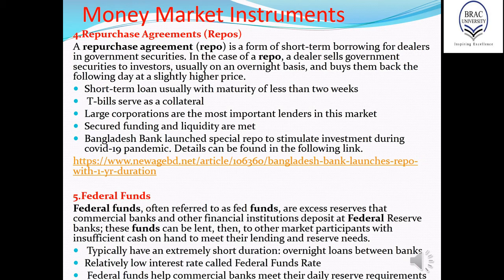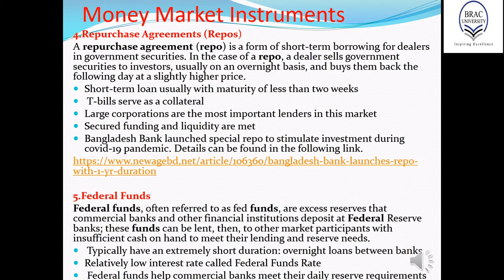And if SCB is falling short of the required reserves, as I said, by the central bank, in that case, SCB can borrow required reserves from BRAC Bank at a certain rate of interest. And this interbank lending and borrowing is known as the federal funding system. And the interest rate that is charged in this interbank loan is known as the federal fund rate.